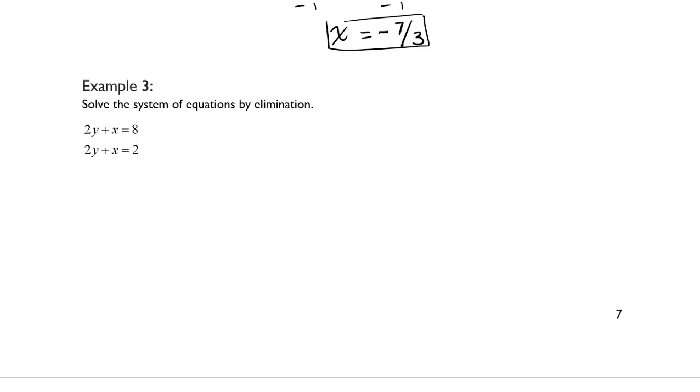If we want to make them drop out, we would simply multiply both sides of either one of the equations by negative 1. When I do that, I get negative 2y minus x equals negative 2. That's the second equation. I just picked one. It really doesn't matter.